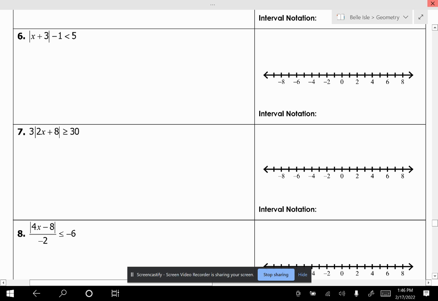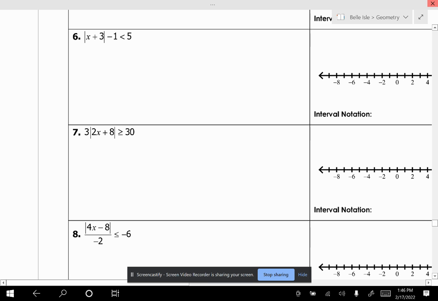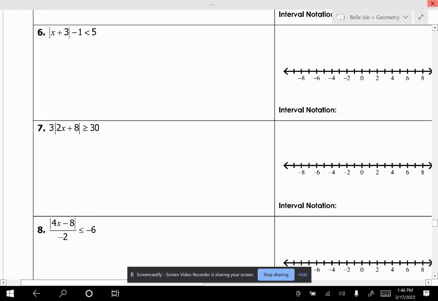That means before you can identify if it's an and or an or problem, you need to get your 2 inequalities written out, which means you need to get the absolute value symbol all by itself. So you've got absolute value of x plus 3. We're adding 1 to both sides, so you don't have to flip your sign.